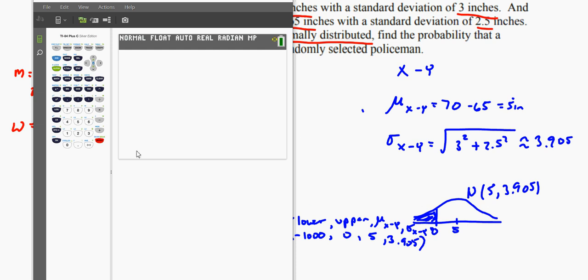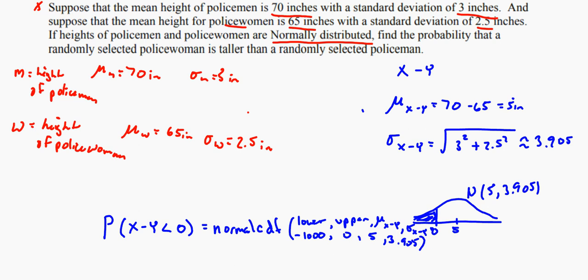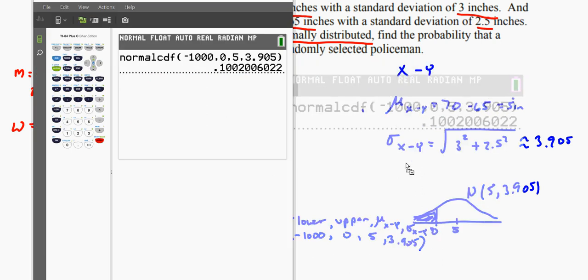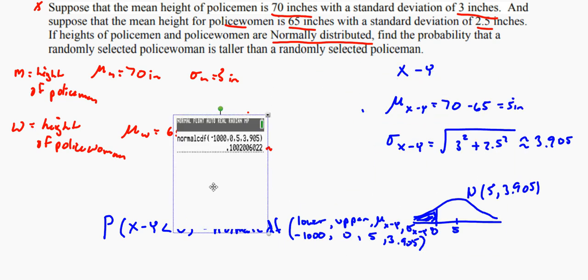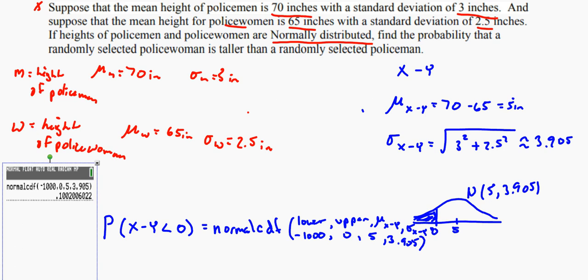It's going to calculate our probability. What's the probability of this happening? It's about 0.100, so about 10%. There's a 10% chance that a randomly selected policewoman is taller than a randomly selected policeman.